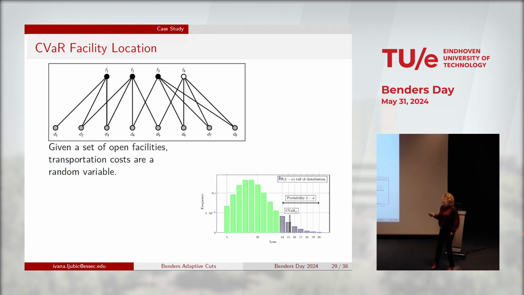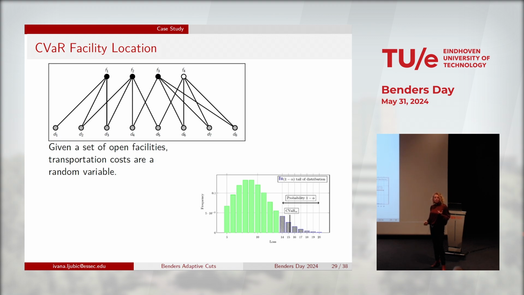So let's look at this visualization to understand a little bit better what is going on. If these are my facilities that I want to open, and these are the clients that have to be served, if we open facilities 1, 2, and 3, we will do some kind of allocation while respecting the capacities. So for each possible realization of these uncertain demands, we will have different allocations and we will have the allocation costs.